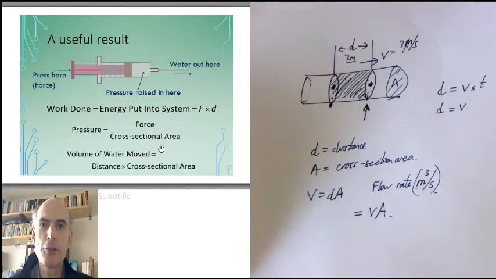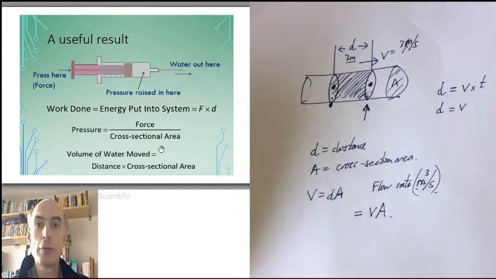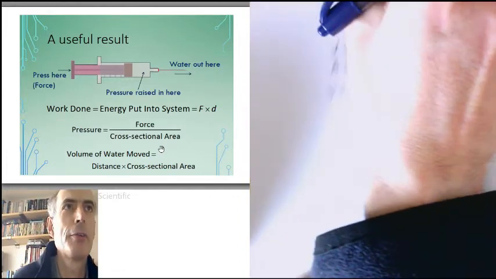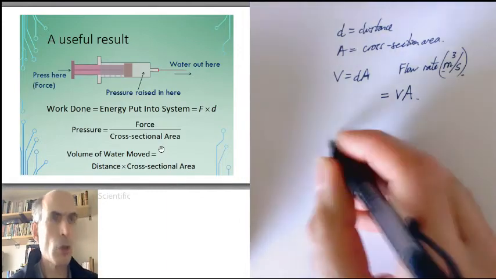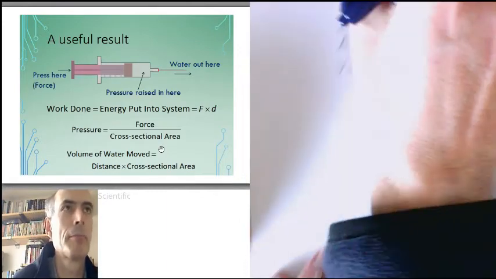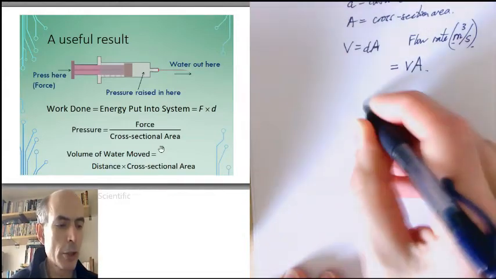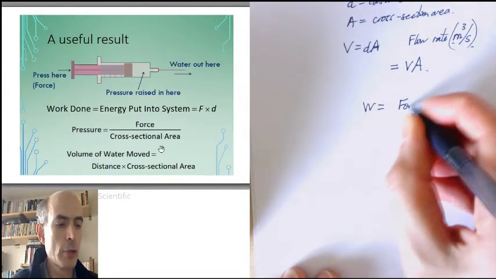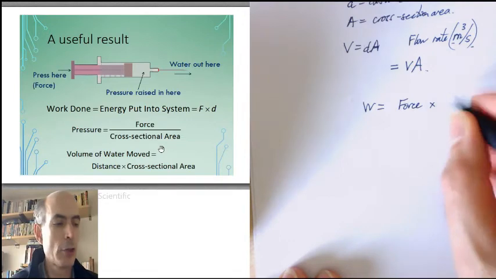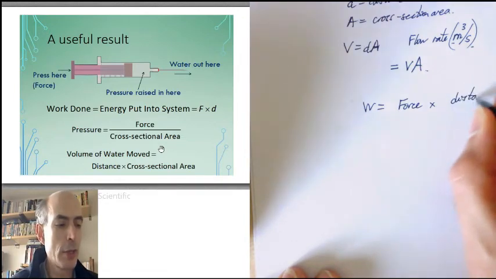We can combine these two ideas and get a very useful equation relating the pressure to the volume of fluid moved and the flow rate. It goes like this. We know that the work done in moving an object is equal to the force exerted on the object times the distance through which it moves.